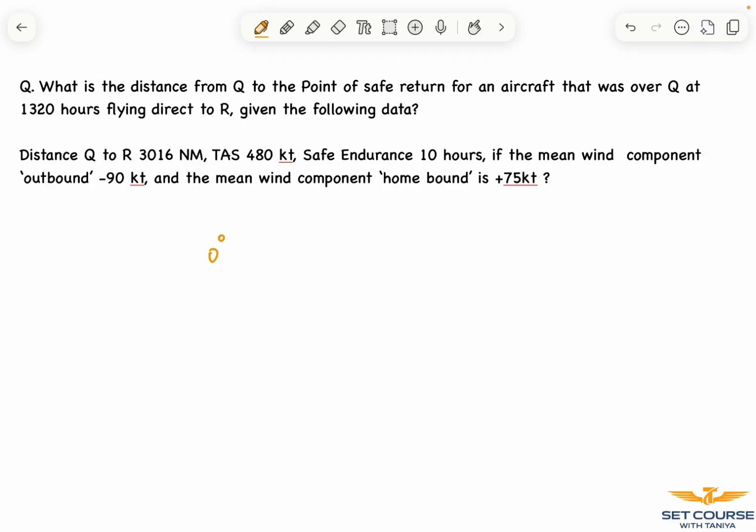Let's draw the figure Q. We are at Q at 1320 hours and we are flying direct to R. And we have to calculate the distance to our point of safe return. Let's refer to it as P. The distance Q to R is 3016 nautical miles. Our TAS is 480.